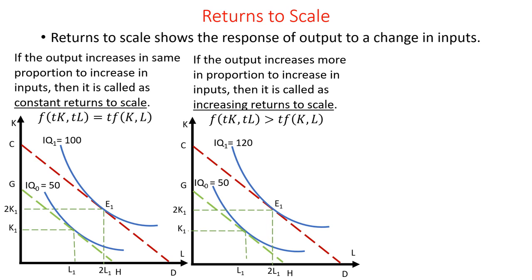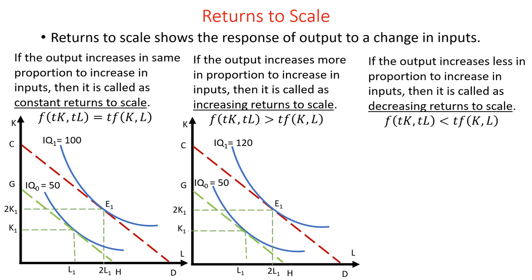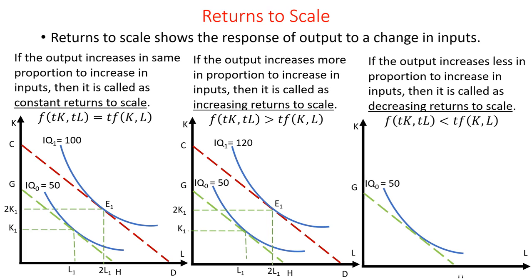The third case is when increase in output is less in proportion to increase in inputs. If this is so, then this is called as decreasing returns to scale. Students, the concept of constant returns to scale is hardly seen in real life. However, it is very important theoretically.